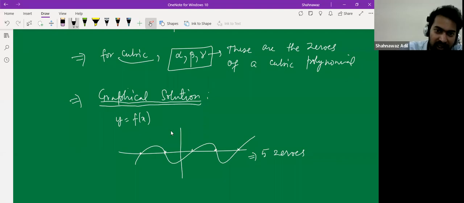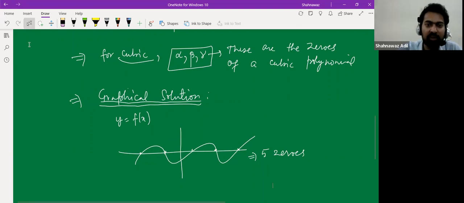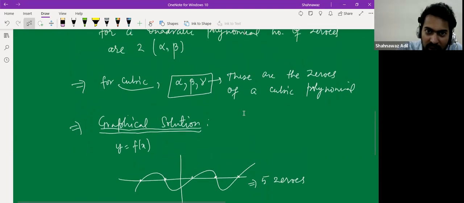And the next topic that I'm going to teach today is the relation between the coefficients of the polynomial and the zeros of the polynomial. You already know about the coefficients of the polynomial.